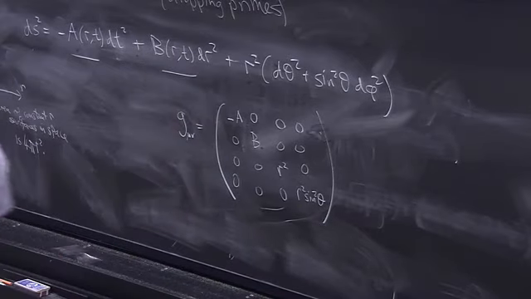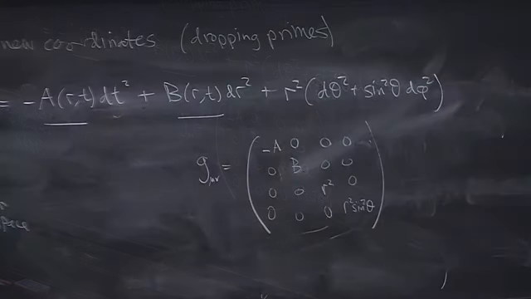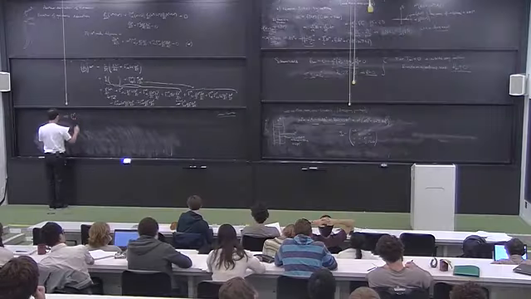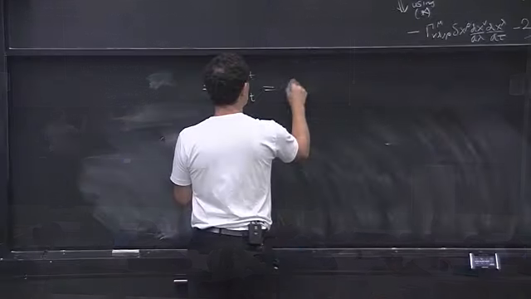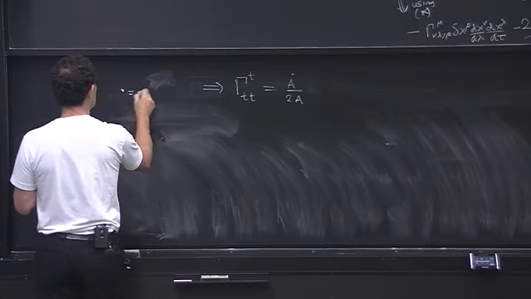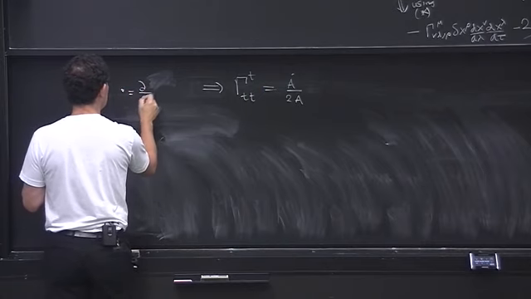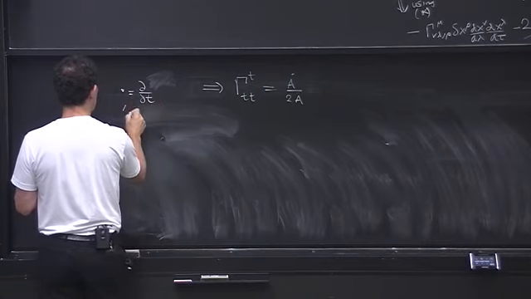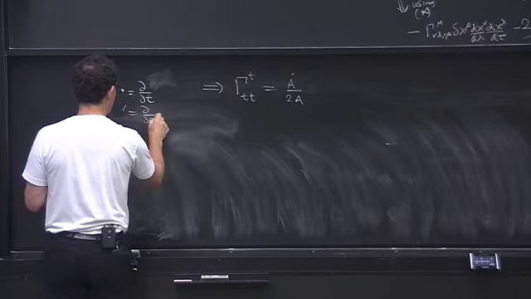So here's my 4x4 matrix, which is g. And now you can calculate the connection symbols from the formulae I gave. This is A dot over 2A. I'm going to define dot to be d by dt and prime to be d by dr.